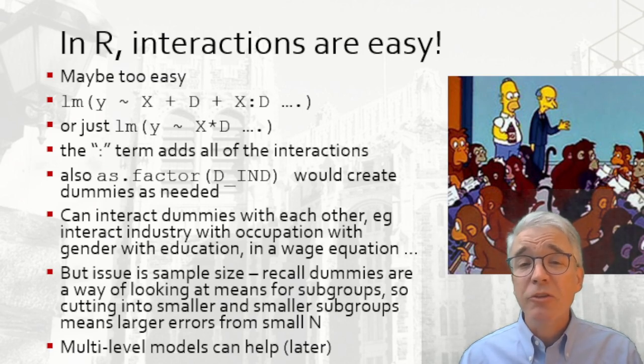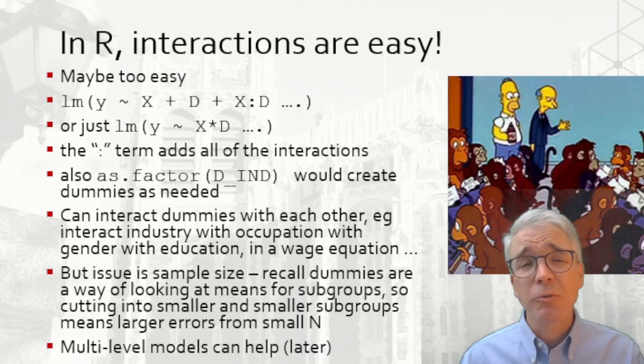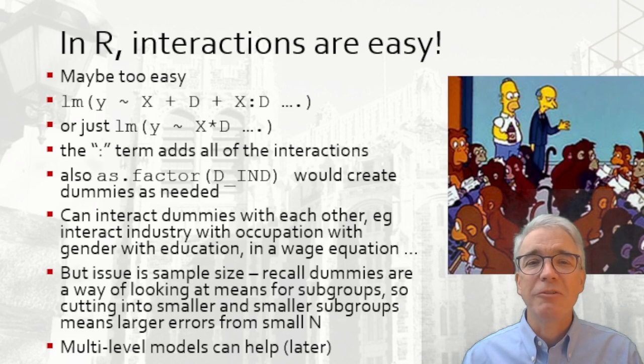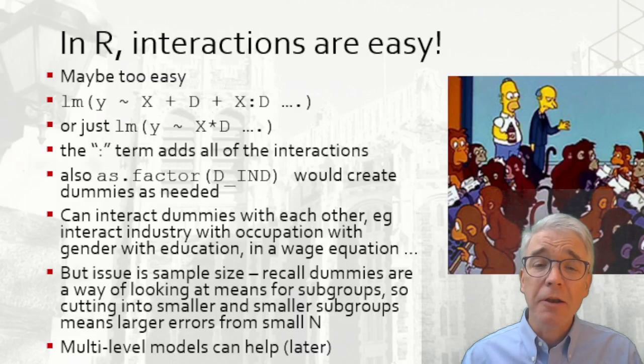We're cutting into smaller and smaller subgroups, so larger error values. There may not be, say, too many people in the farm industry in New York with an advanced degree. Sure, there's some, but not necessarily enough to get a really precise estimate of their wage outcomes in general. I'll leave you with a bit of a teaser that multi-level models, which we'll cover later, can be very helpful here.